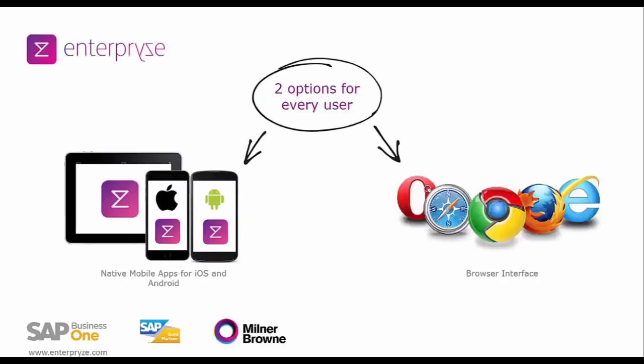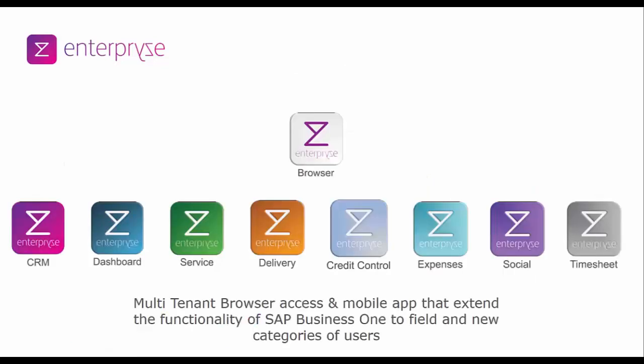Once connected, you'll be able to avail of native mobile apps for iOS and Android, and also the browser-based web application features that link in with those mobile apps. This is what we're looking at over the coming weeks and months: the suite of mobile apps that we have available for Enterprise users.